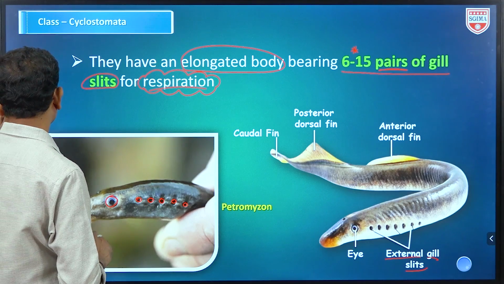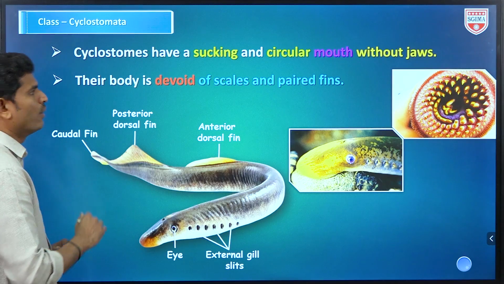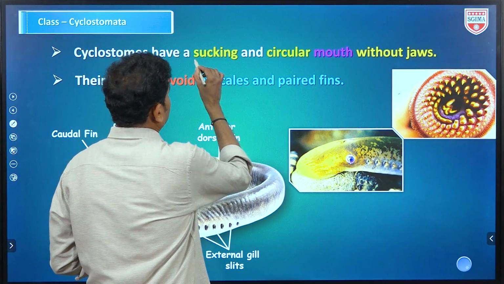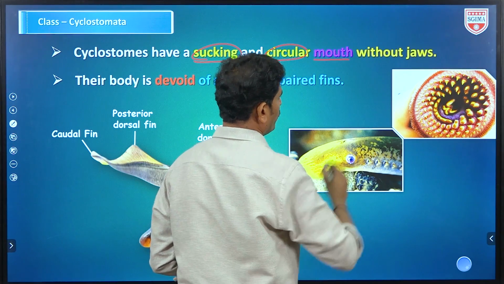Okay, next point. Yes, cyclostomates have a sucking circular mouth without jaws.